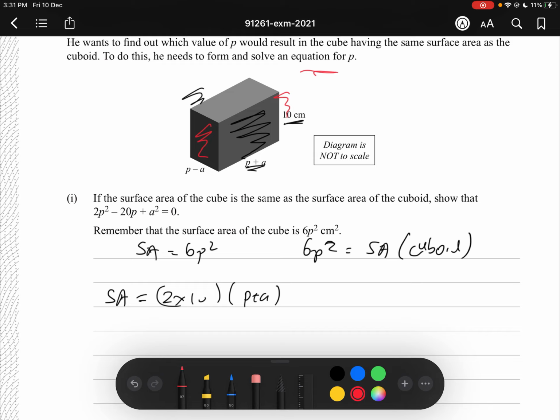And remember, there's 2 sides, so we add 2 times 10 times p minus a. And also we have this top side and the base, and that would just be p plus a times p minus a. So that would be plus 2 times p plus a times p minus a.